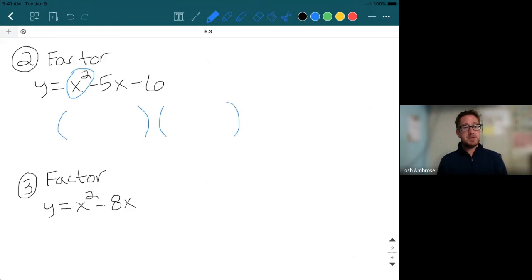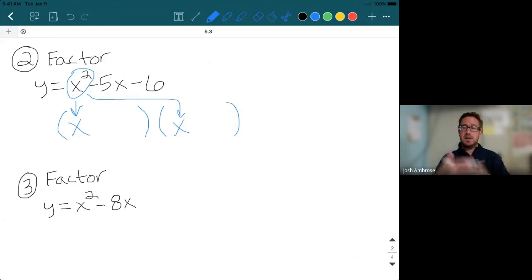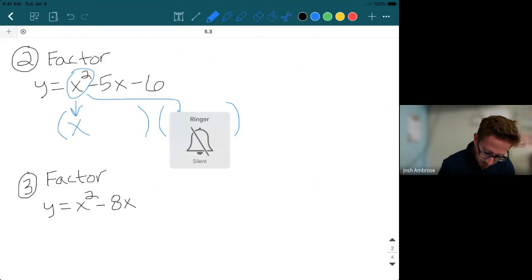Notice that there's no coefficient. That's really helpful. All you're dealing with is x squared. So you're going to break this down into an x and another x, because x times x is x squared. You're doing the opposite steps. That would be step 1.